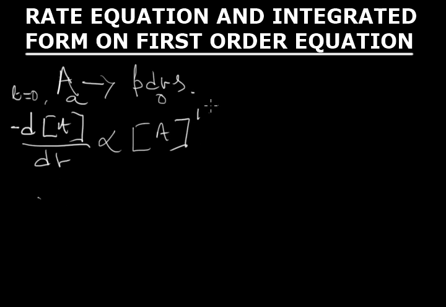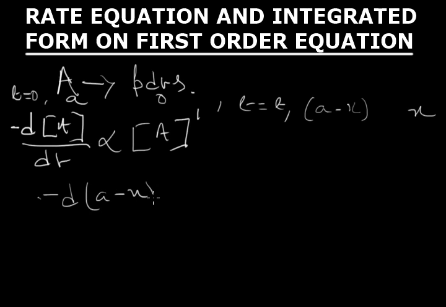And when time is t seconds and the concentration of A is a minus x and the concentration of product is x, then in place of minus dA/dt we can write minus d of (a minus x) by dt is proportional to a minus x.